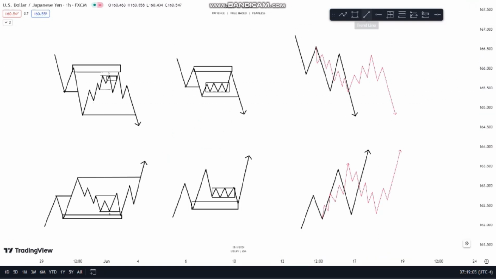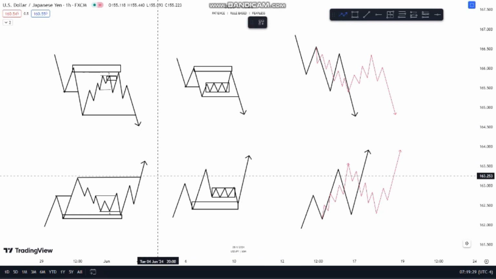Even if you are going to trade the double bottom or the double top, you have to wait for a trend confirmation, so that you will know that the trend has fully changed from the bearish trend to bullish trend.